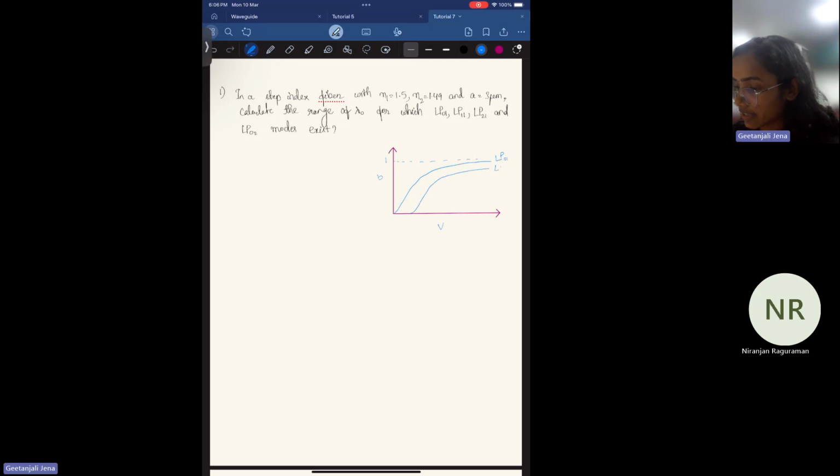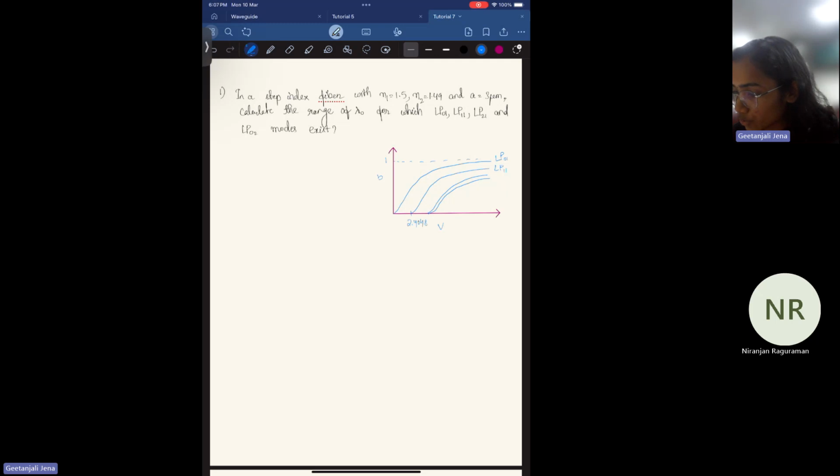The second mode is the LP11 mode. It has a cutoff around 2.4048. And the third and fourth guided modes are LP21 and LP02.